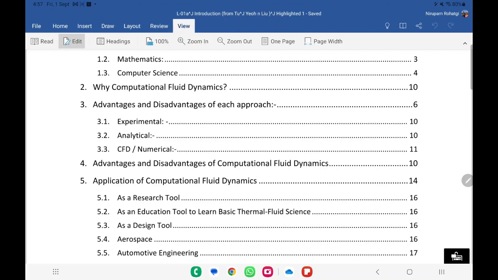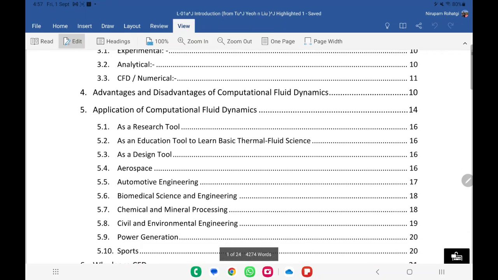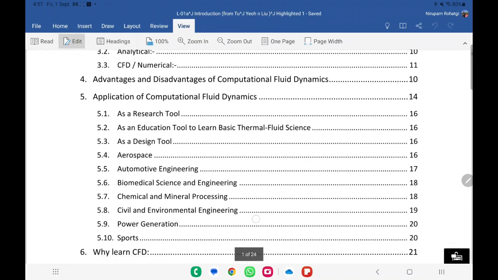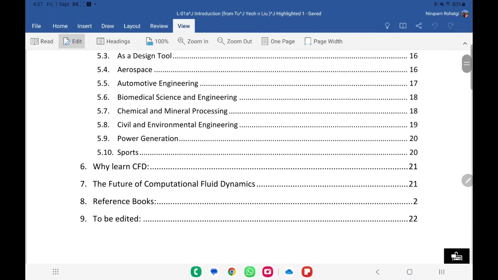There are three types of approaches: experimental, analytical, and CFD. What are the relative advantages and disadvantages of the three? Then basically what are the equations we have to deal with, and what are the places where CFD is used. What is the scope of this, and what is the future of it. We'll talk about all these things.